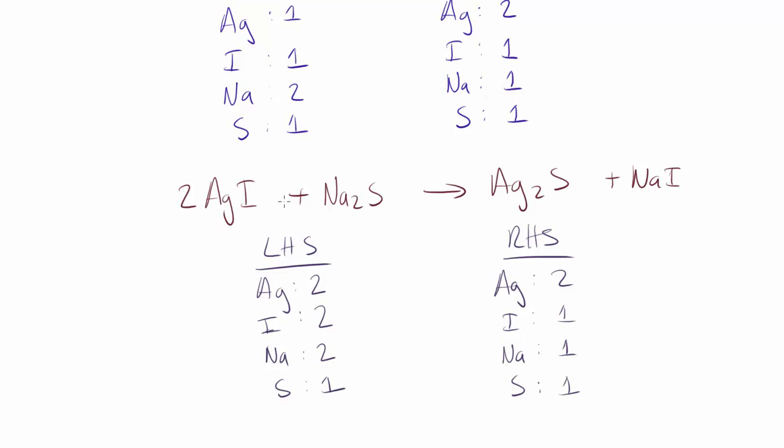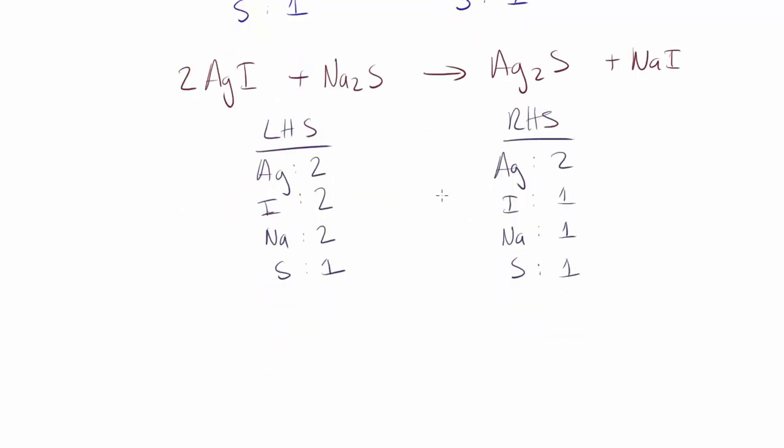Right. So if we look at the new values we've got here, we can see that sodium now is the same on both sides, and sulfur is the same on both sides. But as far as iodine and, I may have just called sodium silver again. I mean, I may have just called silver sodium again.